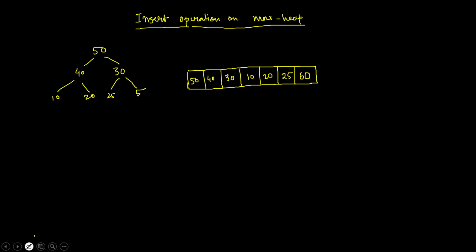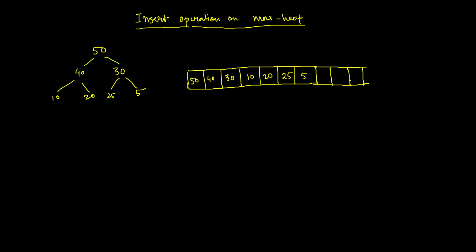So instead of 60 over here, right now, here we have 5. And suppose the array is large enough to store many other data, which ultimately will represent the part of the tree.